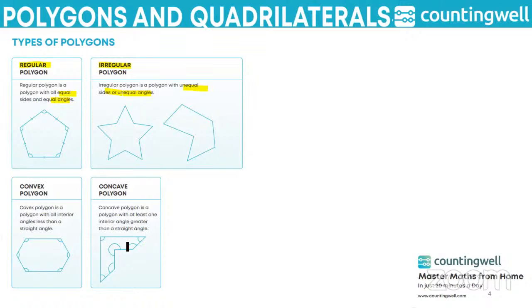So one angle should be greater than 180 degrees. You can see here one angle, and here you can see one more angle, greater than 90 degrees.